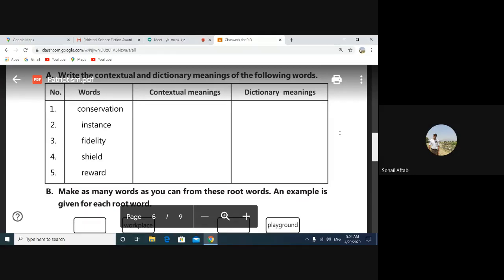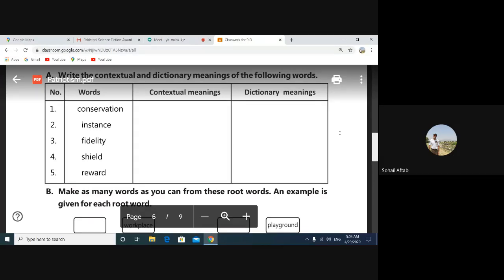If you see the dictionary meaning, it is preservation of wasteful use of a resource, which means that the resource can be wasted, but if you save it from wasting, that will be called conservation.